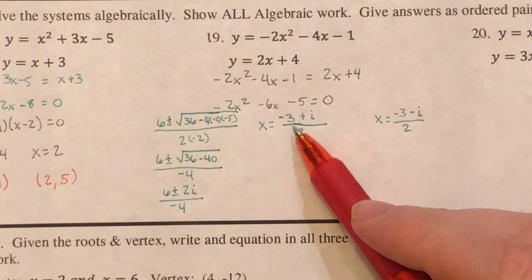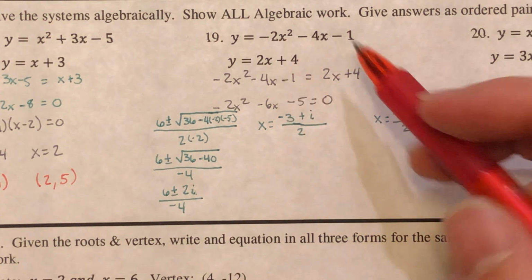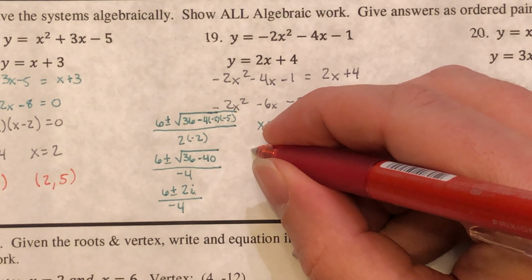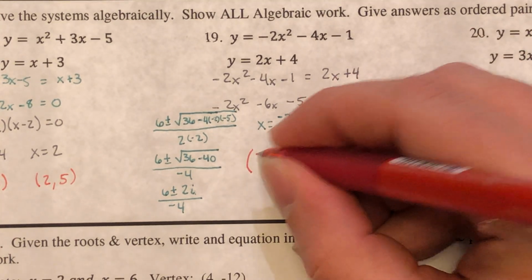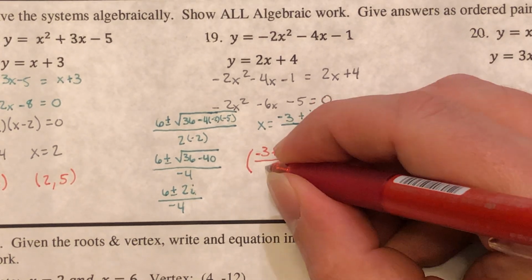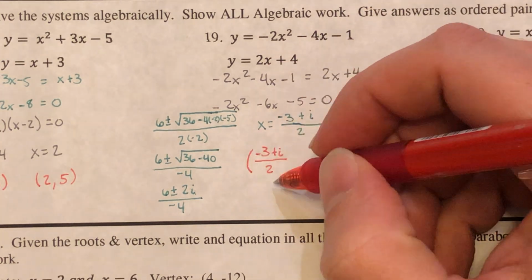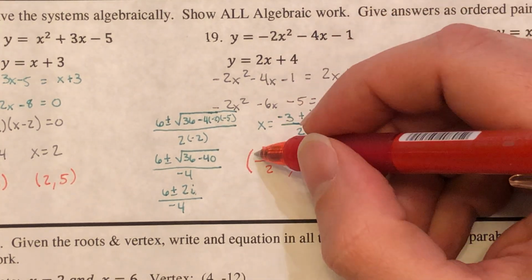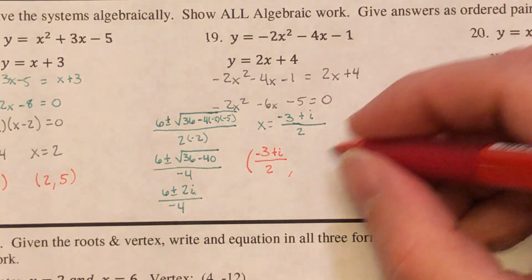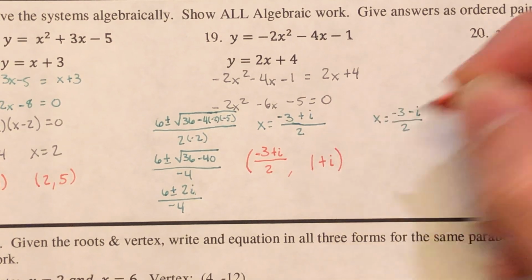Now I need to put those values in for x in my linear equation. So when I put this in, the x value is negative 3 plus i divided by 2. The y value there, when I multiply that by 2, those go away. So I have negative 3 plus 4, which is just 1 plus i.